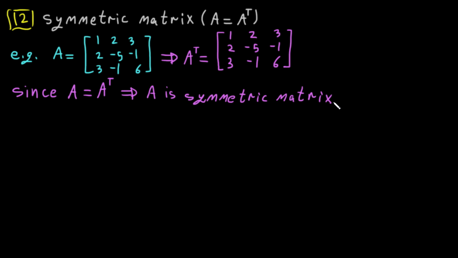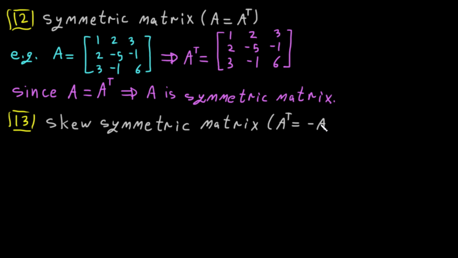Now we will introduce the skew symmetric matrix. Here we have the skew symmetric matrix. It is skew symmetric if it satisfies this condition: A transpose equals the negative of A. This means a matrix whose transpose is equal to the negative of the original matrix.